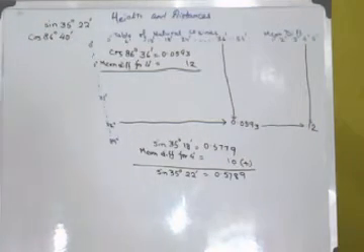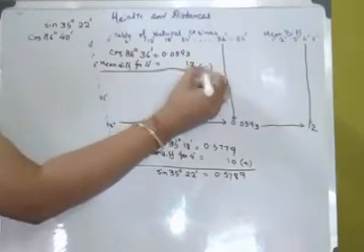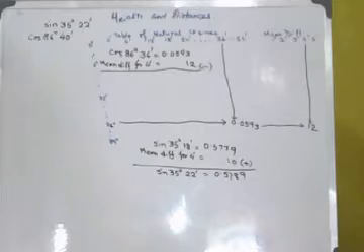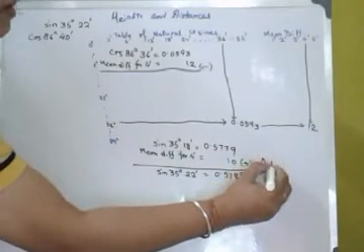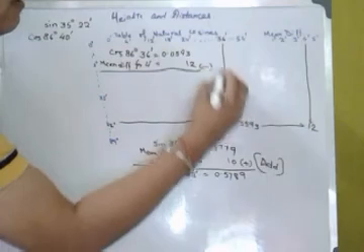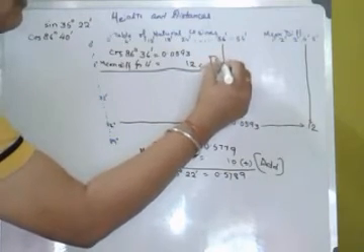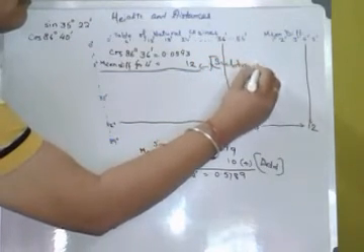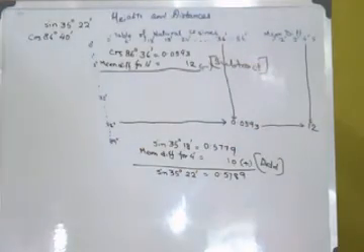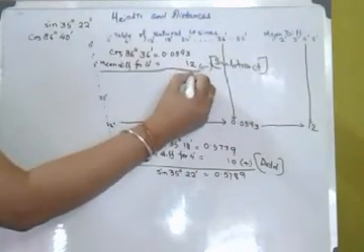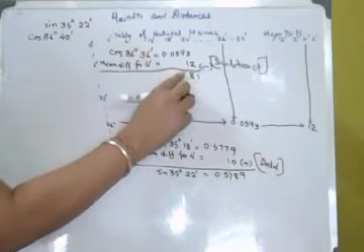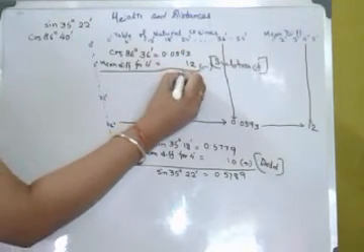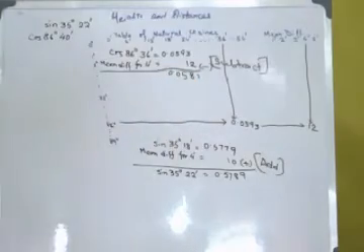Now for finding sine, we add here. For finding cos, we subtract these two values. For sine, we add. For cos, we subtract. So the result is 0.0581.